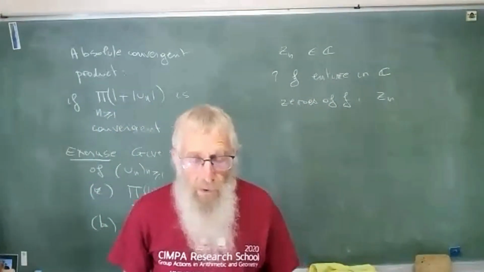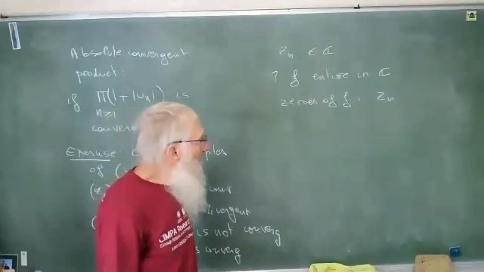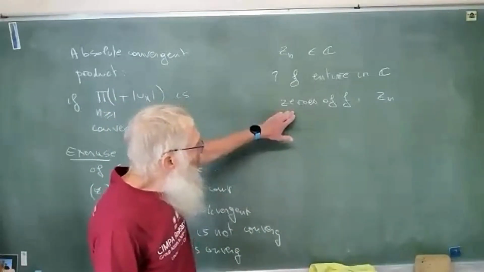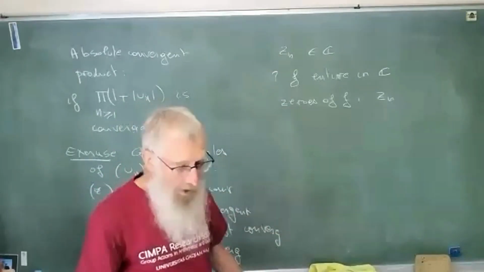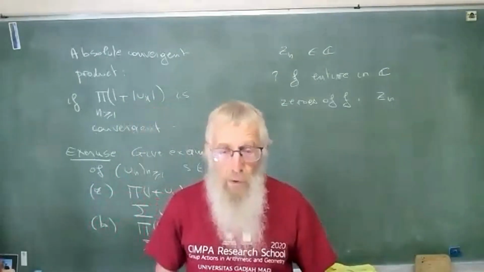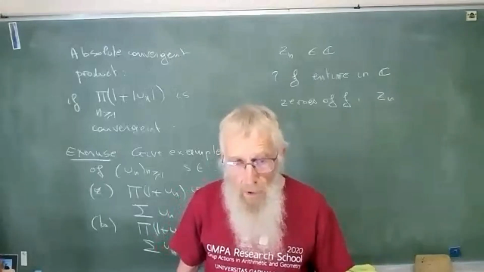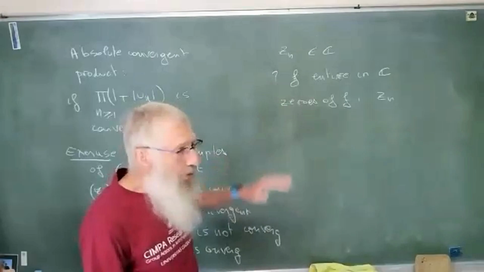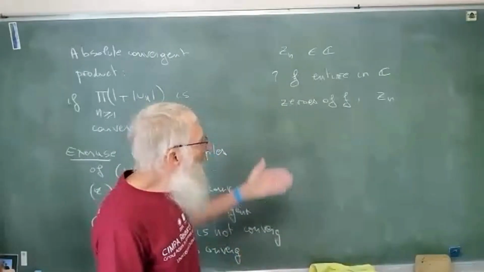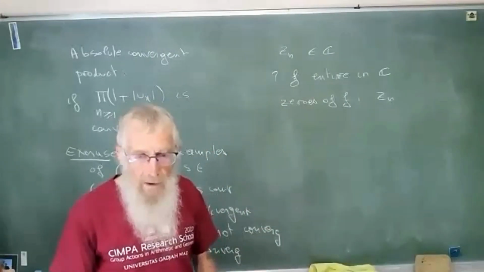So, of course, there are some conditions on Zn. What do you know on the zeros of an entire function? We have a sequence of numbers, and so the function has a set of zeros, which is a sequence, so it's countable, and so the function is not the zero function. And so we have an entire function which is not zero. The set of zeros is a discrete set.